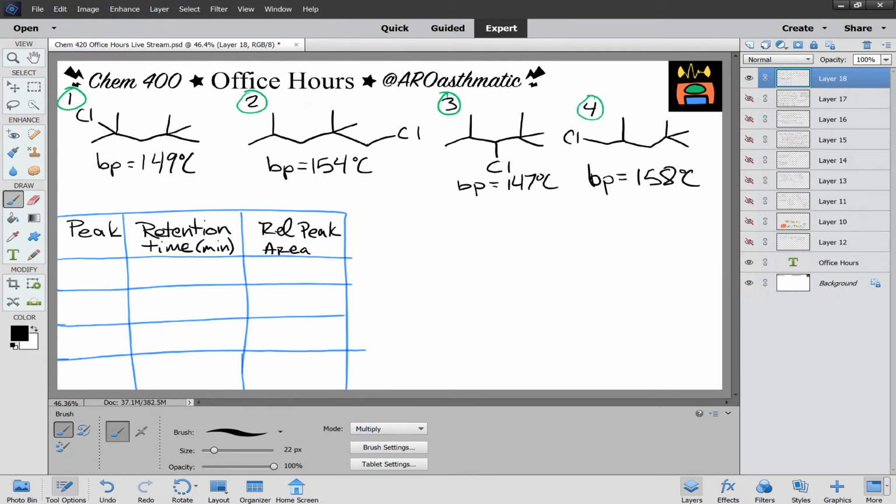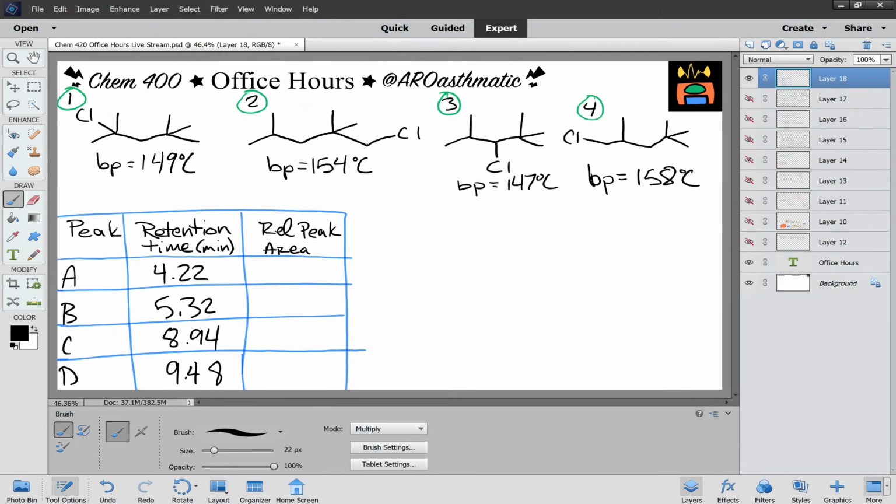We have what we call peak A, B, C, and D. Then we have our retention time. Peak A, 4.22 minutes. Peak B, 5.32 minutes. Peak C, 8.94 minutes. And then peak D, 9.02 minutes.